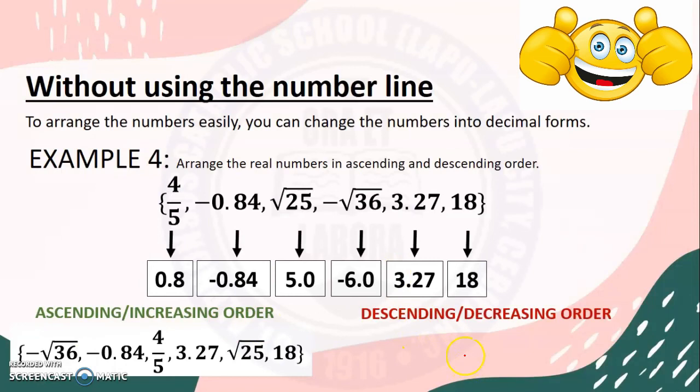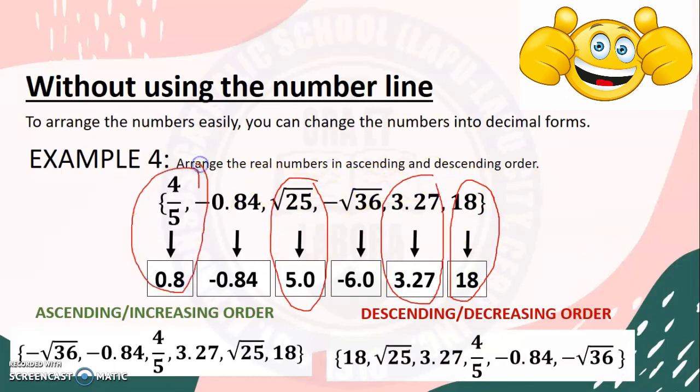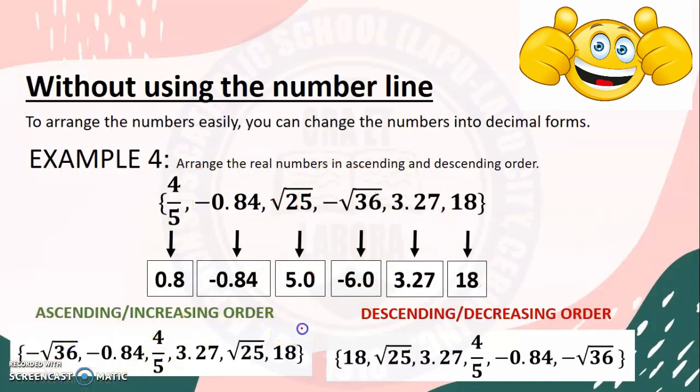So, this is just equal to 18, followed by the square root of 25, followed by 3.27, followed by 4/5, followed by negative 0.84, and then negative square root of 36. So these are now the arrangement in ascending order and in descending order.